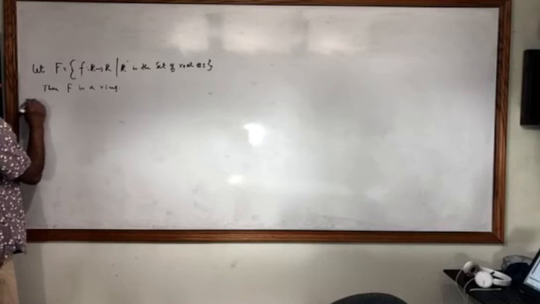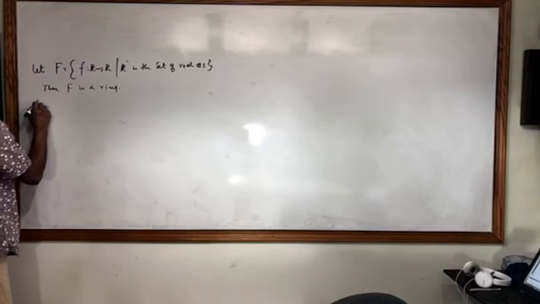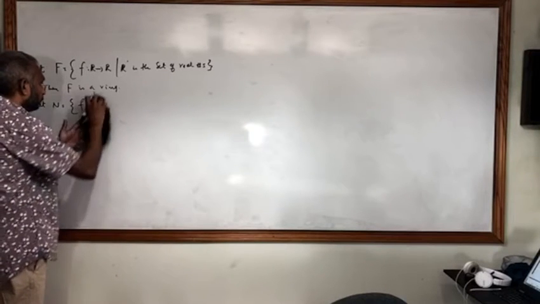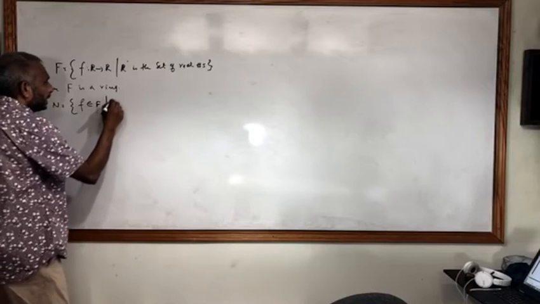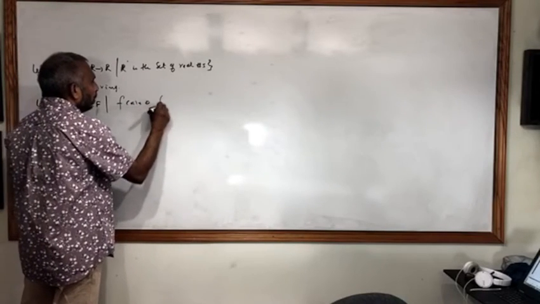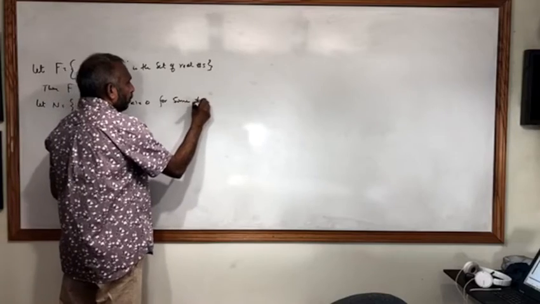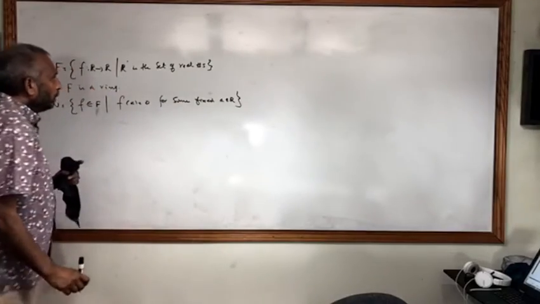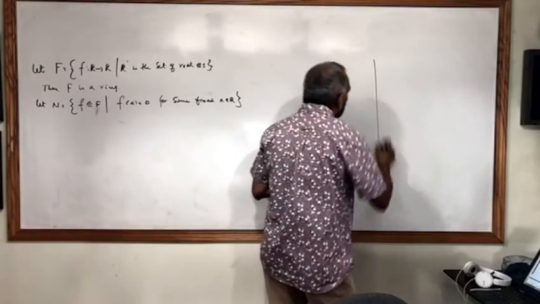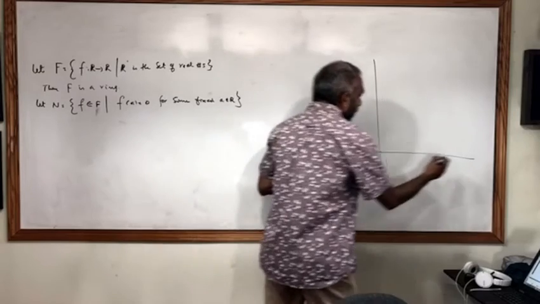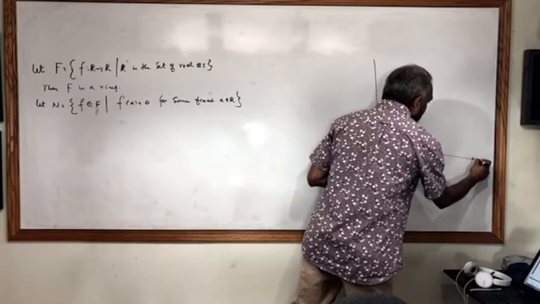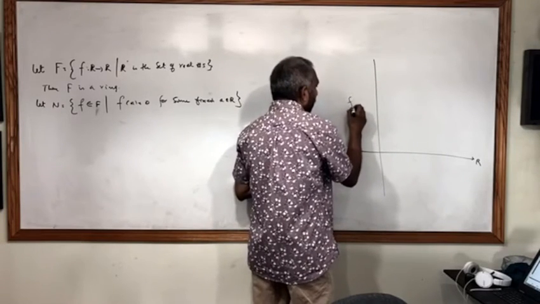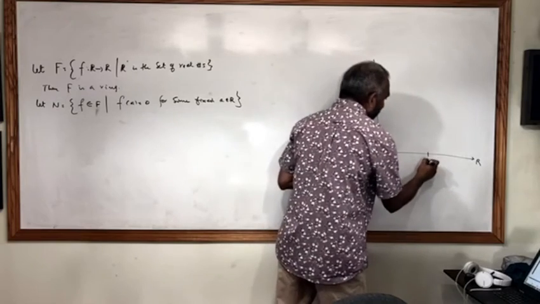Now take a collection of some special functions here. Let N be the collection of all f in F such that f(a) is equal to 0 for some fixed a in R, which means that if you draw the line here, this is any of the functions f1, f2, etc. So this is our a.